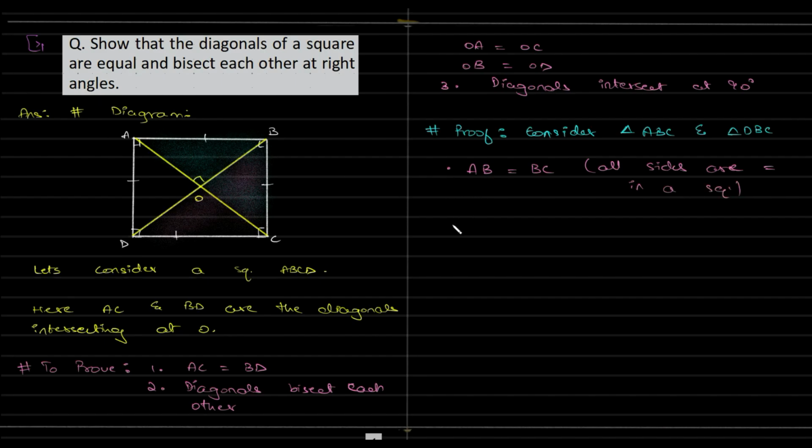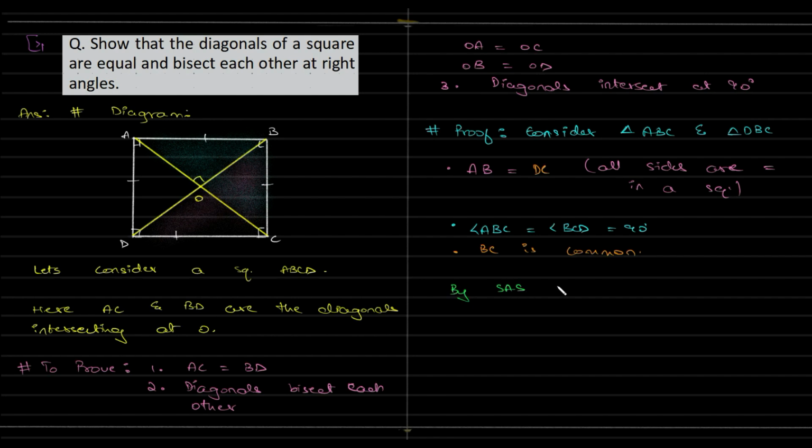Then we have angle ABC is equal to angle BCD, which is equal to 90°. And we have this is equal to this. Oh sorry, this we can write as DC, and BC is common. Okay, so what can we tell?